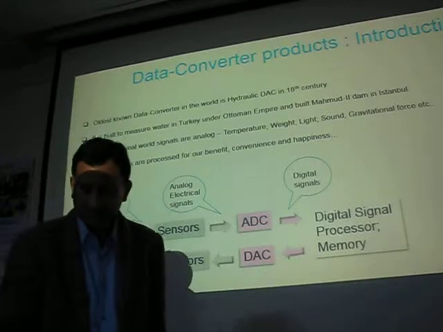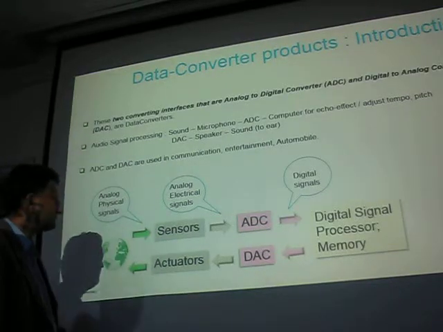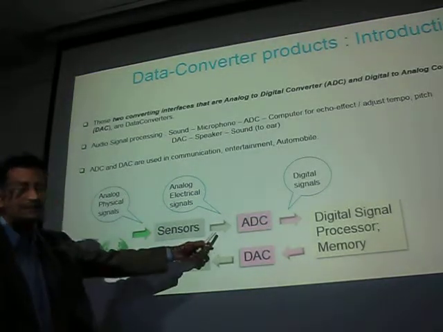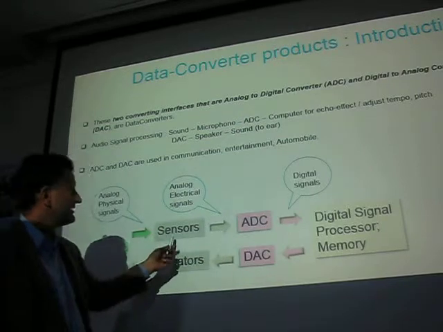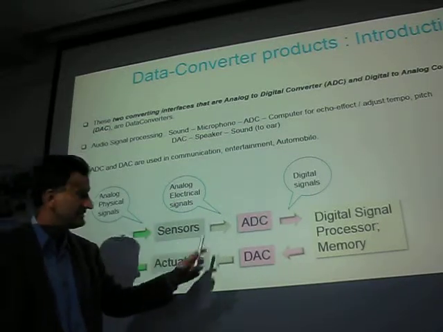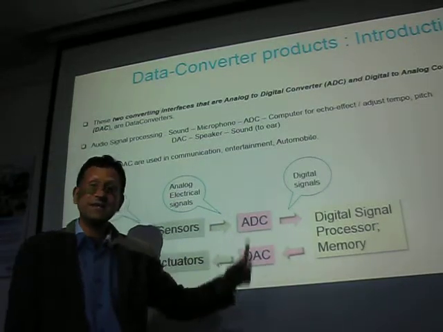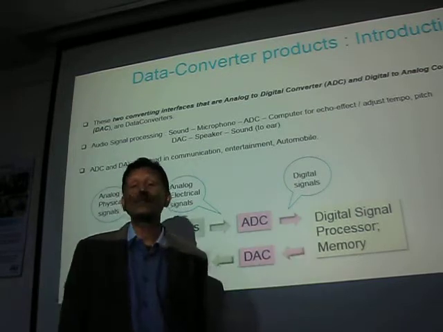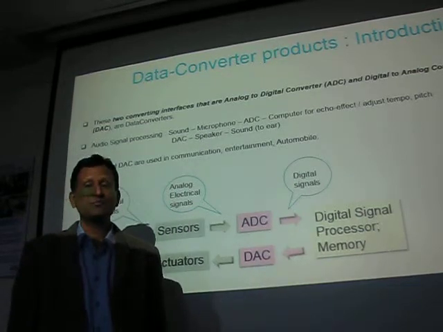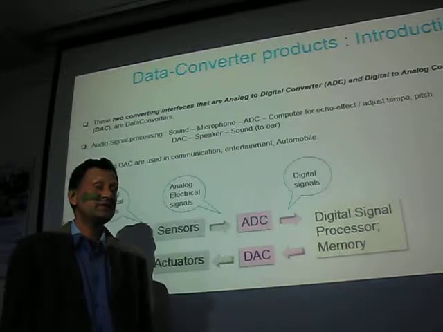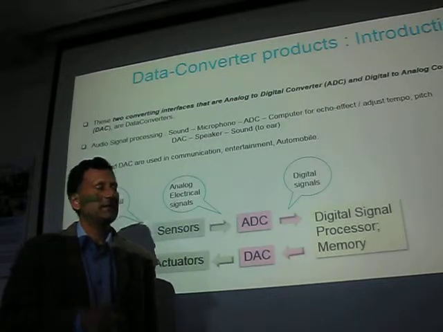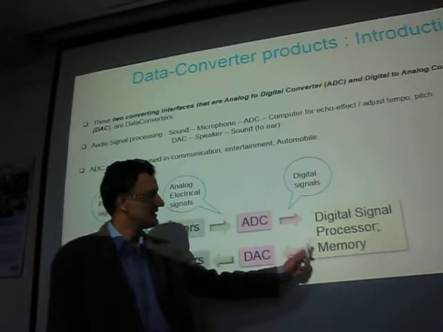Let's see it with an example of sound. Sound is converted to an electrical signal by a microphone, which is the sensor, then to a digital signal by ADC. We do the digital signal processing or audio signal processing for echo effect or adjusting the tempo and pitch of the sound.